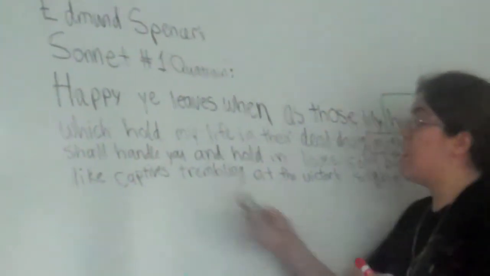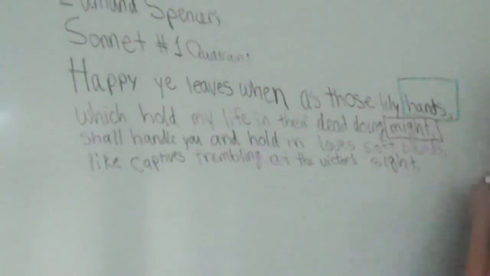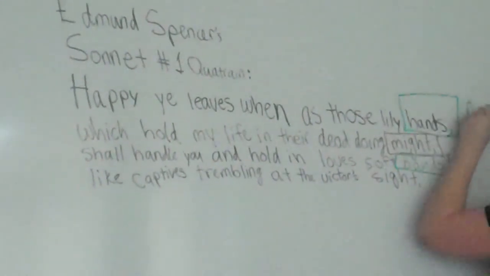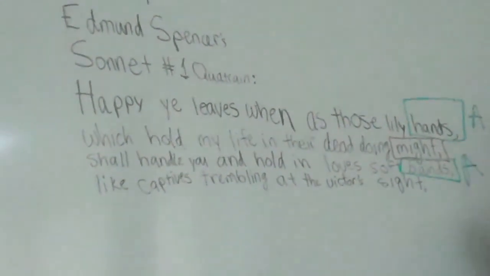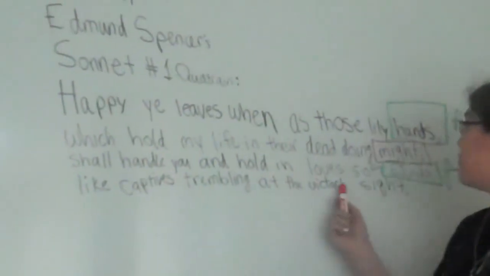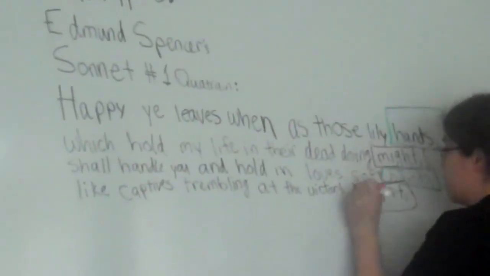Then shall handle you and hold you in love's soft bands. Bands and hands rhyme, so these two are A. And then like captives trembling at the victor's sight, so sight and might rhyme, so these are B.